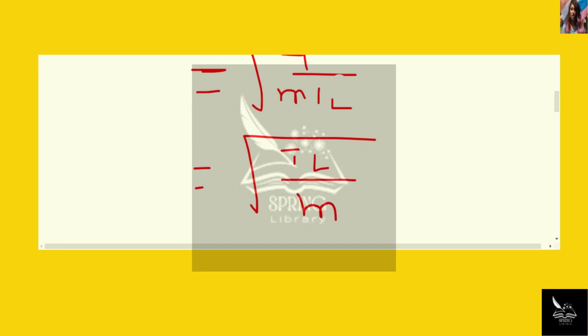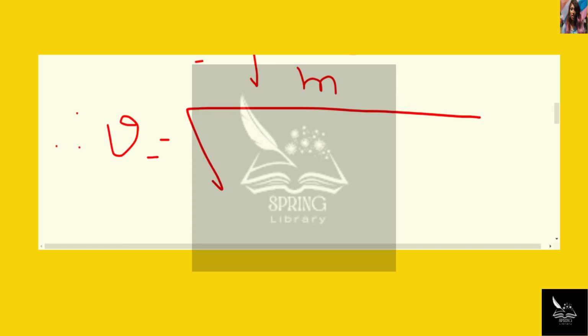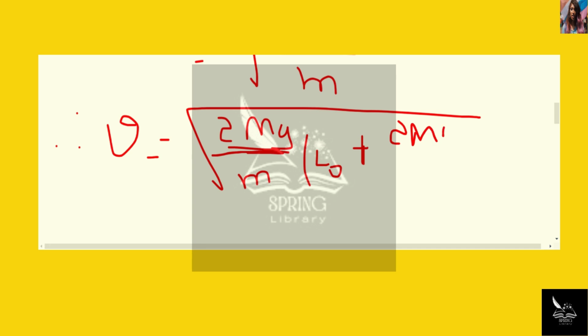Now substitute for T from equation 4 and for L from equation 5. We will get v is equal to square root of, as we know T is equal to 2Mg, upon M times L0 plus, because we have L is equal to L0 plus 2Mg upon k.